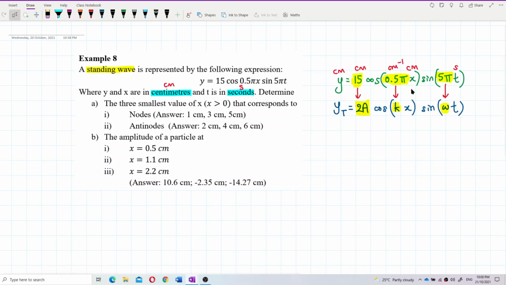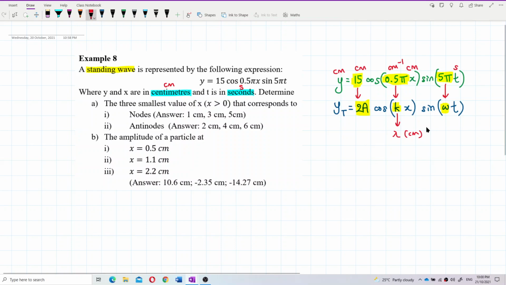Later on, from this k you will get the wavelength, which is also in centimeter. Because k is per centimeter, the wavelength inside the wave number will also be in centimeter.